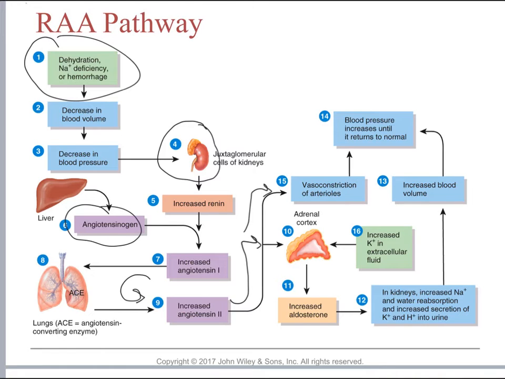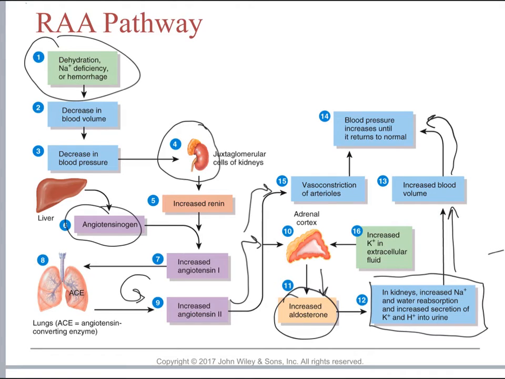With regards to the adrenal cortex, there's our aldosterone, it increases aldosterone, which, as we said before, focuses on the kidneys to increase sodium and water reabsorption and increase secretion of potassium and hydrogen into the urine. This is going to increase blood volume, which would increase blood pressure until our system returns to normal.